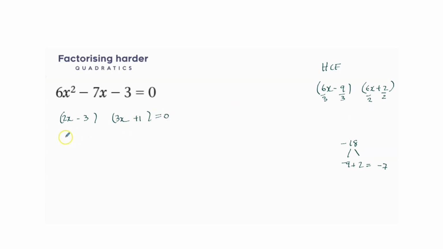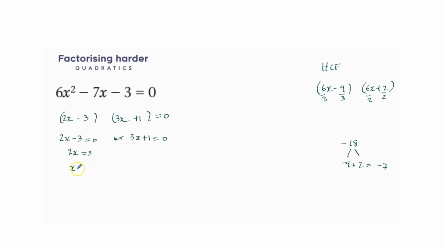So let us solve. We have 2x minus 3 equals 0, or 3x plus 1 equals 0. Let us solve for x. We add 3 both sides, so 2x then equals 3.